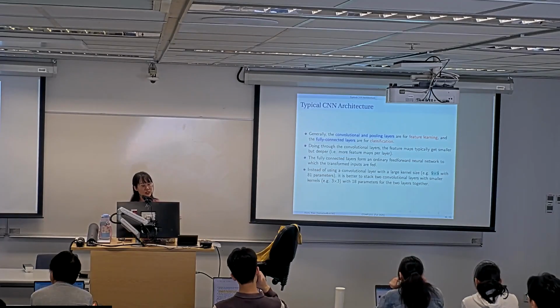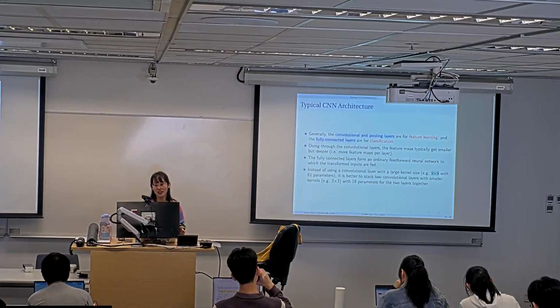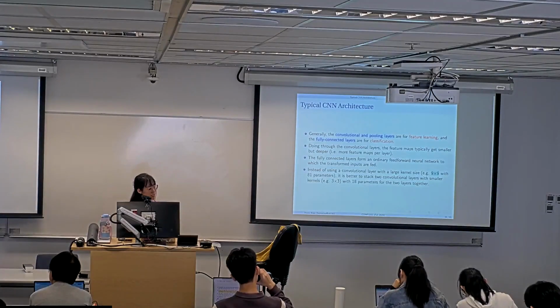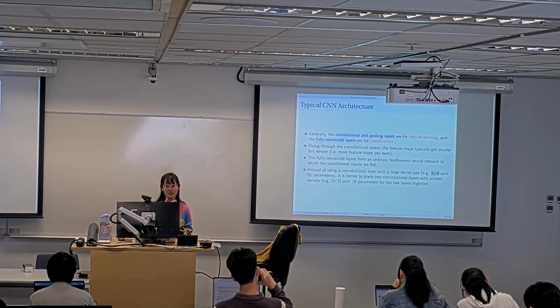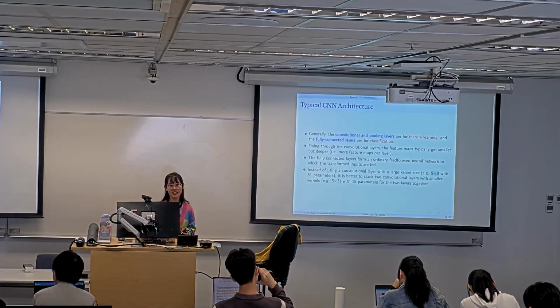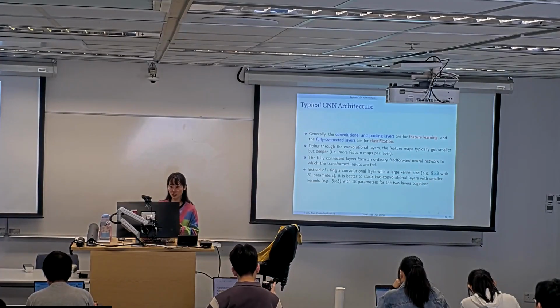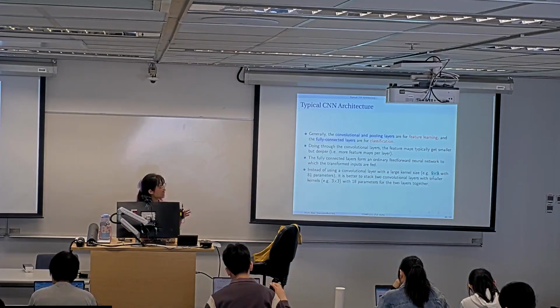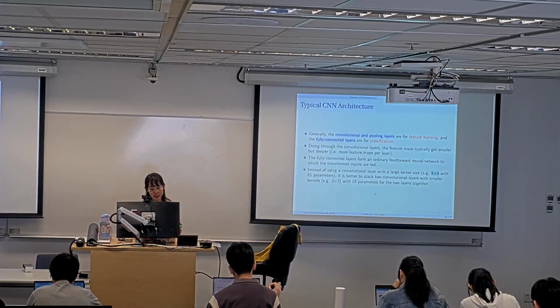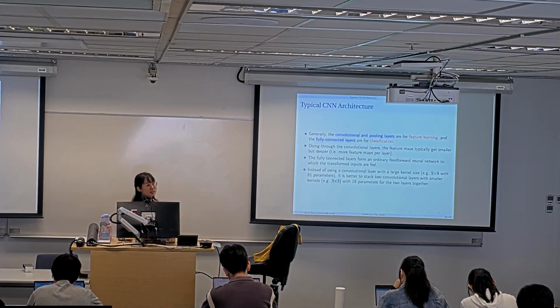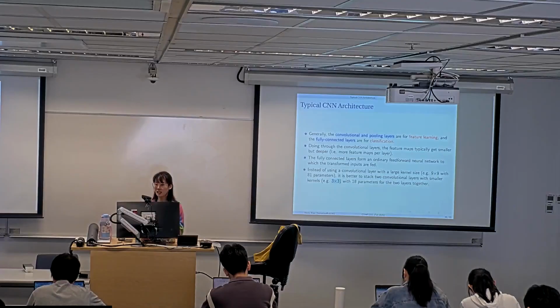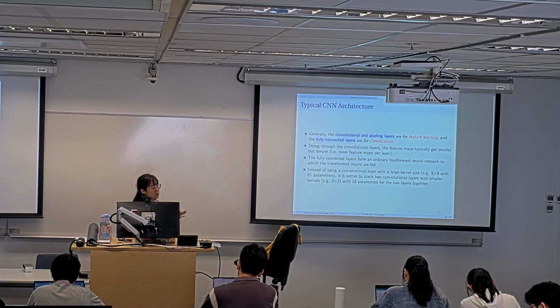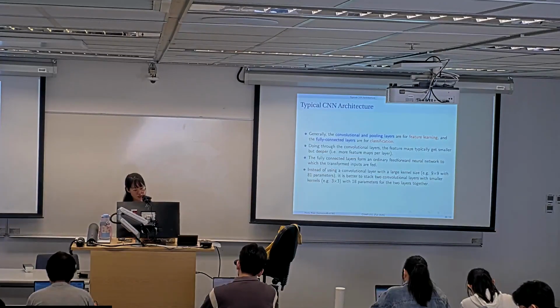Actually, 9x9 is already very large, so for the pixel we want to get the output for, we also consider pixels at a distance of 9. It's already far away, right? After 9 pixels, the things will change a lot. So instead of using a very large kernel size, we prefer a smaller kernel size, like 3x3, so that we can consider more accurate local information, more detailed neighborhood information, to get the outputs. So this is a conventional rule of the typical CNN architecture.